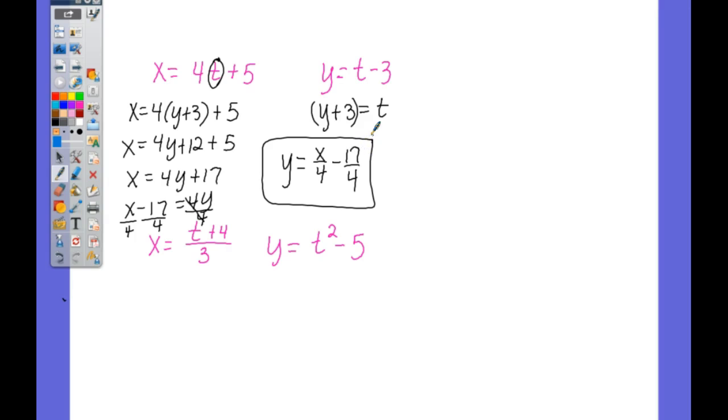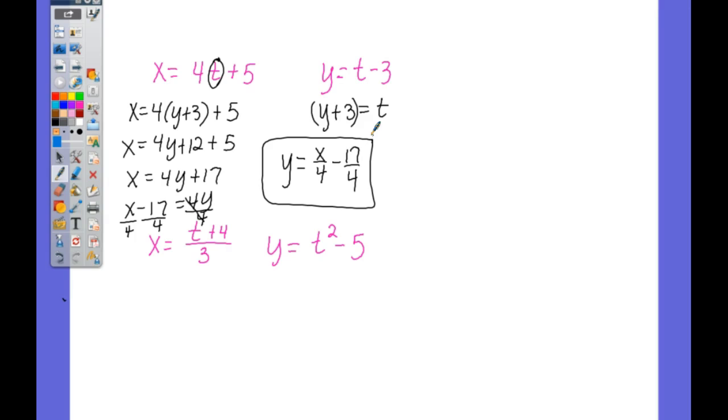So we get a line with a slope of 1/4 and a y-intercept of negative 17 over 4. We're always going to end with y. So no x's, always y. Okay?